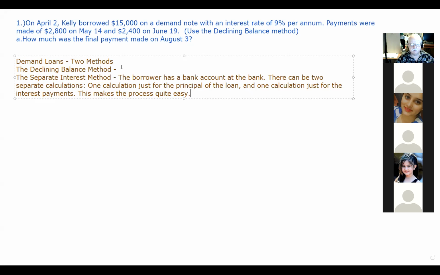But let's take a look at what they call the declining balance method. In this case, the borrower does not have a bank account at the bank.